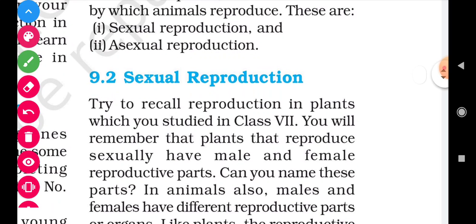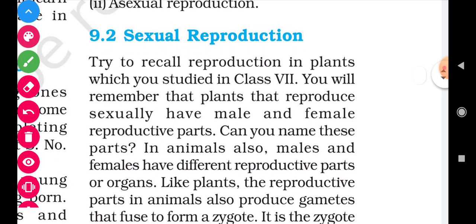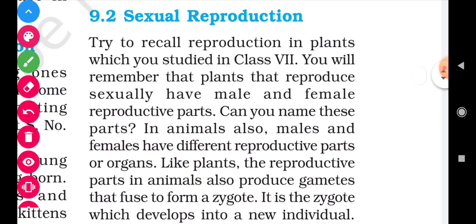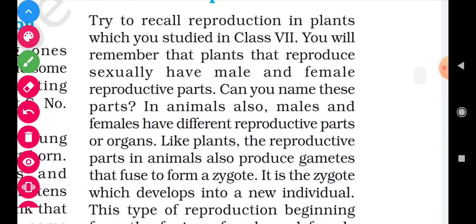So let us understand the first method of reproduction, which is sexual reproduction. Try to recall reproduction in plants which you had studied in class 7th. You will remember that plants that reproduce sexually have male and female reproductive parts.